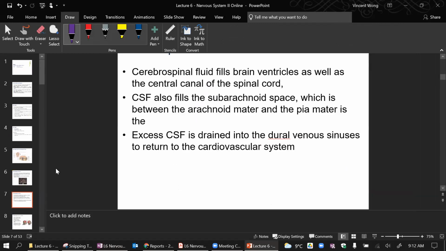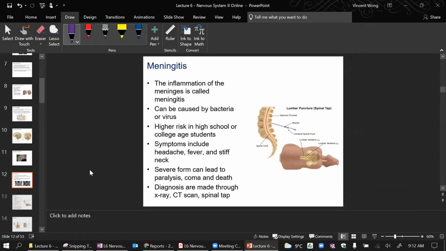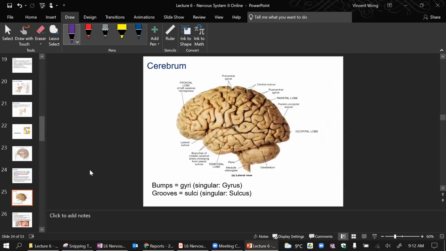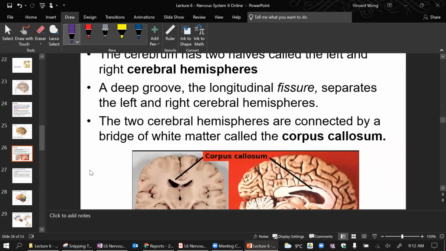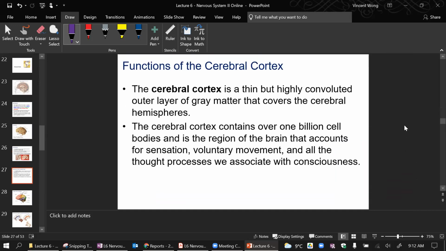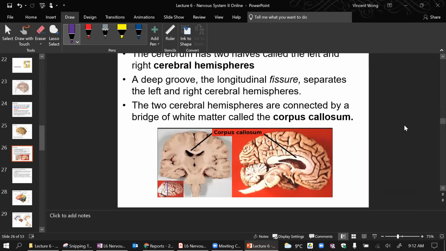Let me see if I have more pictures of the corpus callosum to show you. Right here, that's another picture. Corpus callosum. So it's white matter.